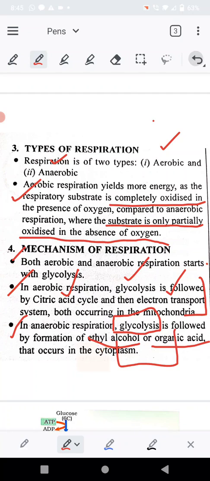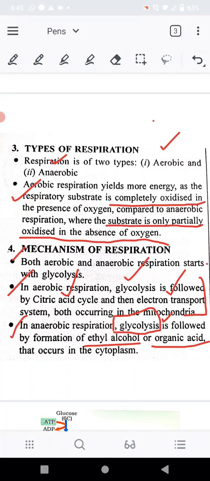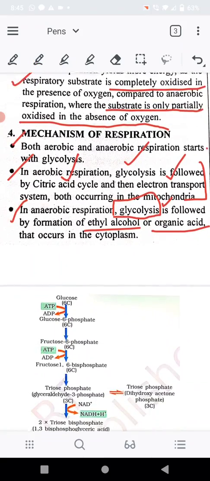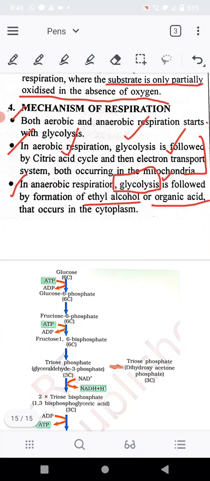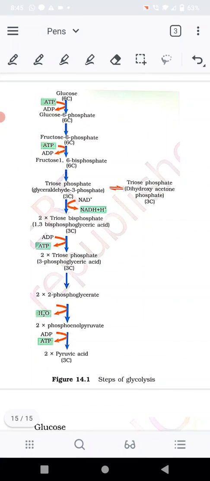So in anaerobic respiration, oxygen is absent. Glycolysis is the first step for the partial oxidation of the substrate, and after glycolysis in the cytoplasm there is formation of either alcohol or organic acid, and the process of forming the alcohol is known as fermentation.